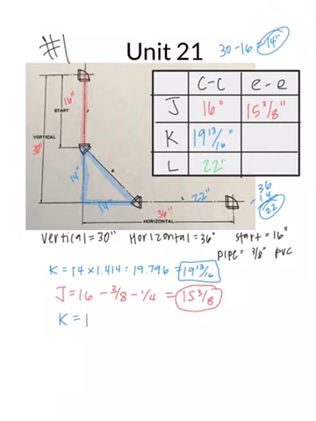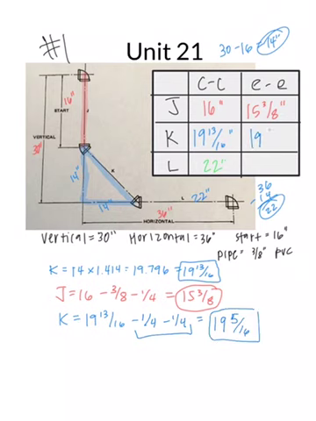Pipe K is 19 13/16. Pipe K is between a 45 and a 45. And the takeoff for 45s is a 1/4 inch. So 19 13/16. Now I'm just going to take off a half because if you notice, a 1/4 and a 1/4 is just a half. That leaves us with 19 5/16 end to end.